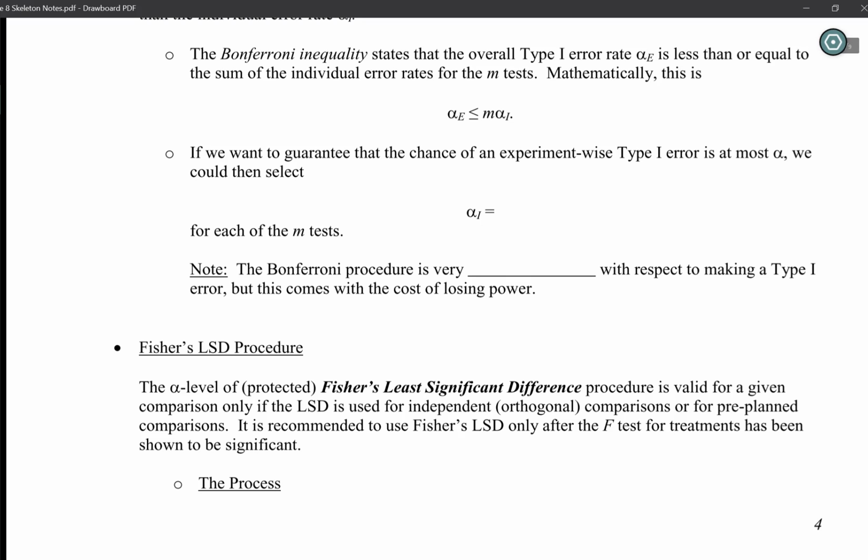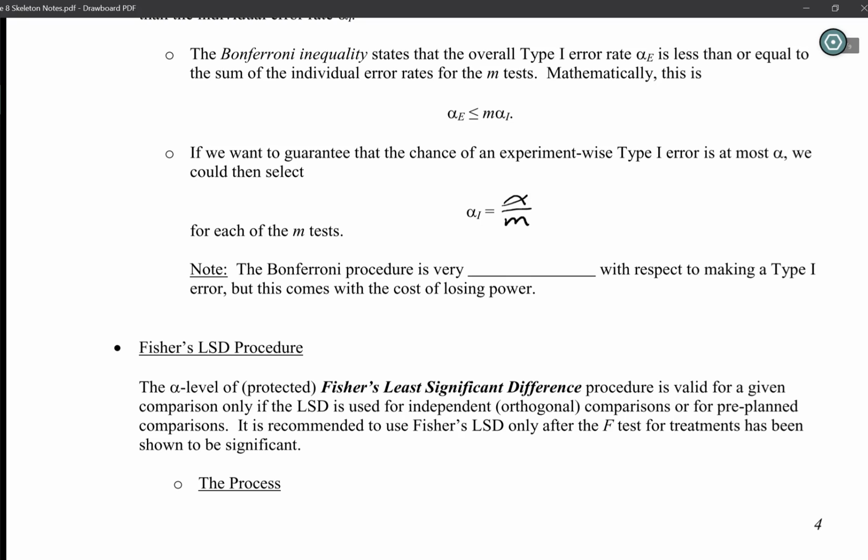So mathematically, alpha E is less than or equal to m times alpha I. So if we want to guarantee that the experiment-wise error rate is at most alpha, what we could do is take our original alpha and divide it by m, and that would guarantee us an experiment-wise error rate of at most alpha.